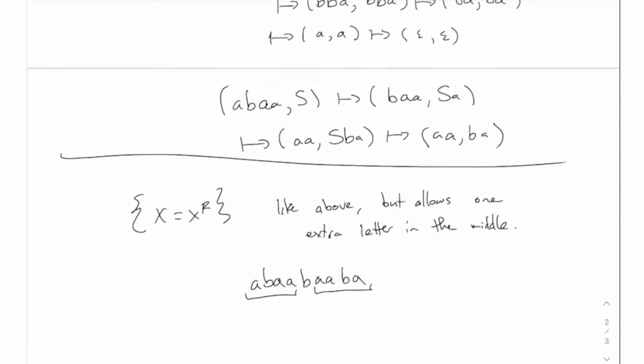So to make a stack machine to accept this, it's going to be basically the same thing, only you need to give it one extra bit of functionality to handle an extra letter in the middle. Any suggestion about how we could make it? Exactly what the letter is in the middle doesn't even matter. It could be a B or an A. It makes no difference. You got an idea?